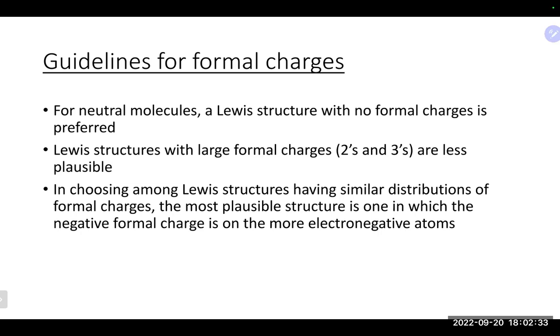And when choosing among different Lewis structures that have a similar distribution of charge, like a -1, +1 distribution, you do want the more negative formal charge on the more electronegative atom. That makes sense, since it's more electronegative, it ideally should be drawing electrons towards itself. So in the best structure, it should be a negative charge rather than a positive charge because of that. So we can use these to help us decide between different structures.